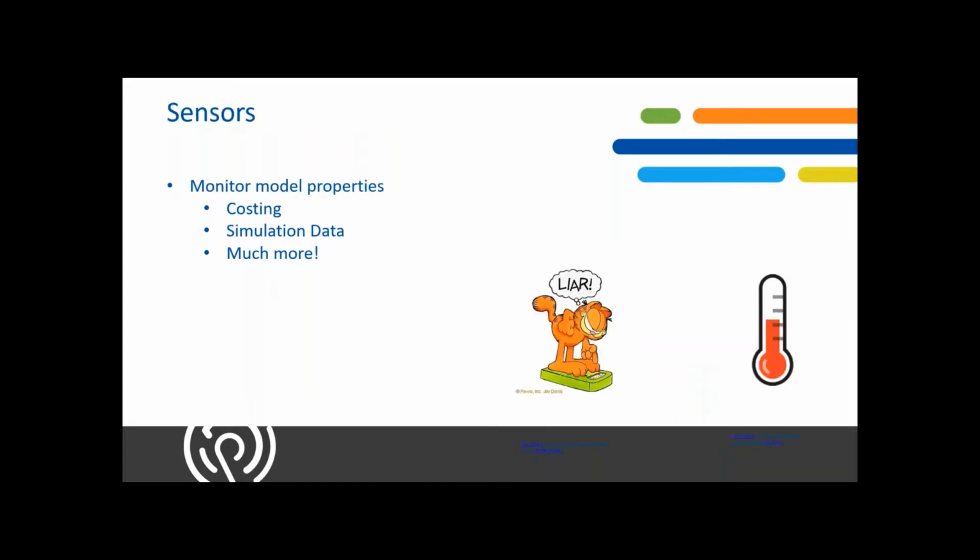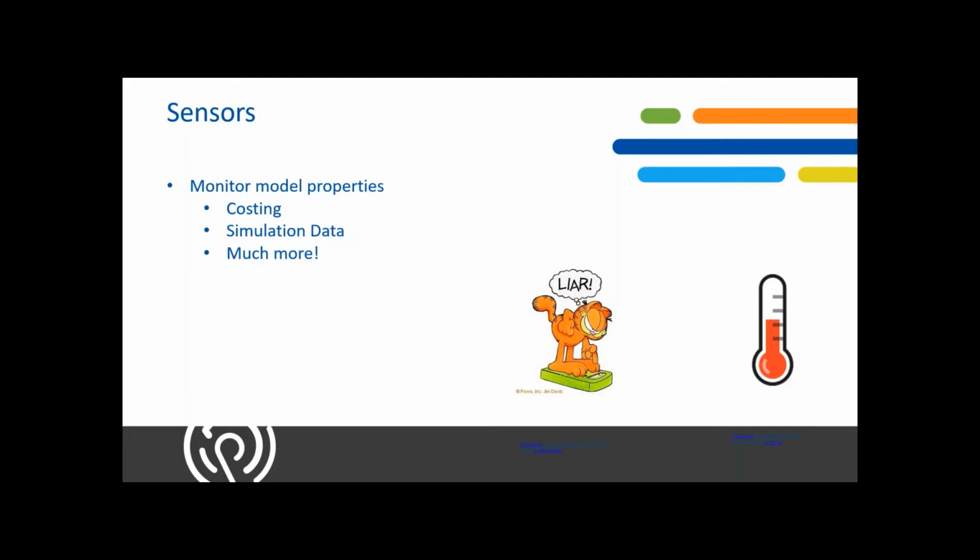Okay. There's also sensors, and I love sensors because you can have them monitor and evaluate different model properties. There are actually so many different types of sensors that you can create that I just don't have the time once again to go through every single one of them.